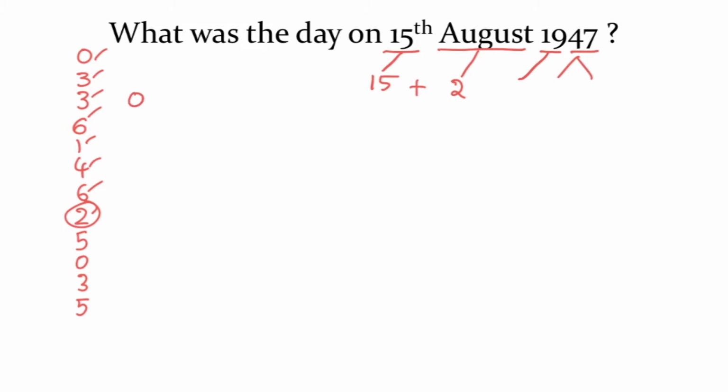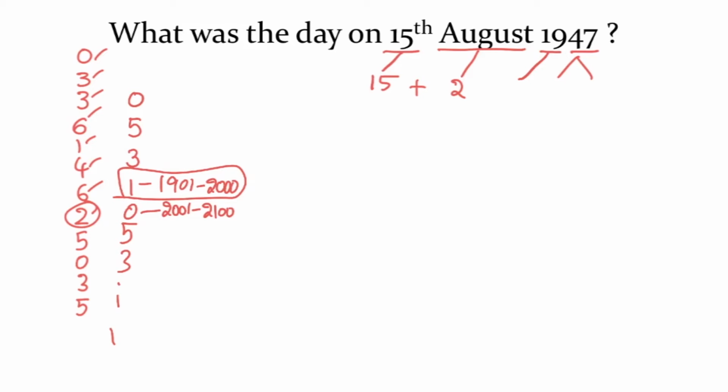Century code is 0 5 3 1 0 5 and it continues. For the present century, I mean from 2001 to 2100, century code is 0. From 1901 to 2000, century code is 1.